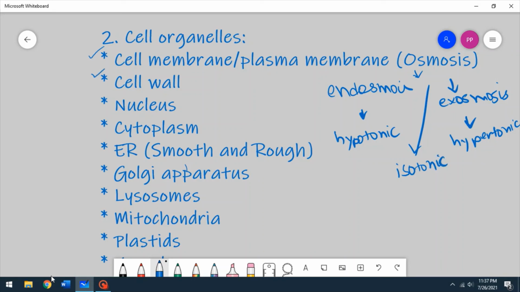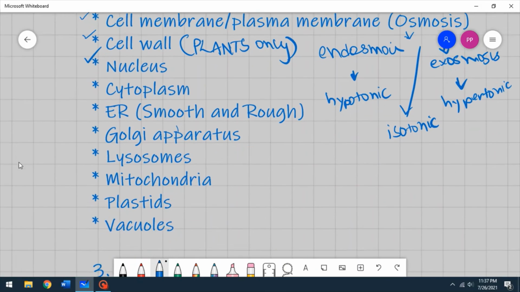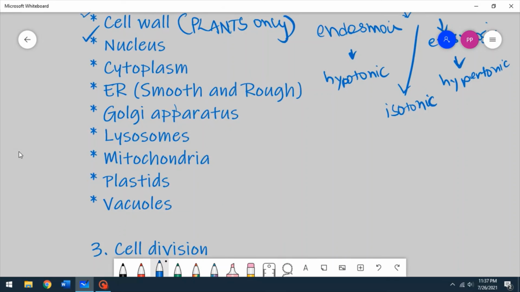We learned about cell wall, which is present only in plants, contrary to cell membrane, which is present in plants and animals. We learned about the nucleus, in which we learned about the nuclear membranes and the nuclear pores. And then we learned about cytoplasm, which is the fluid-like substance in the cell.